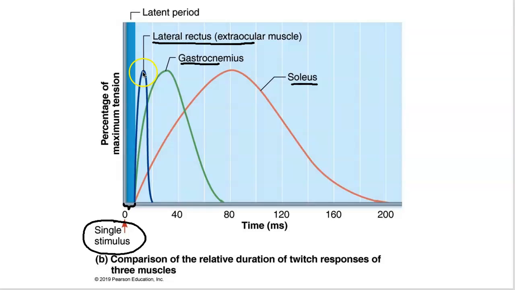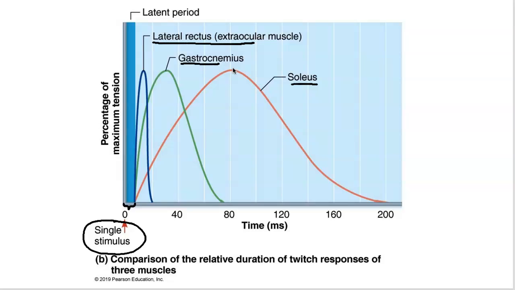So I see that the lateral rectus muscle in blue reaches peak contraction and relaxation much quicker than the gastrocnemius, which takes longer to develop peak tension. And then soleus, I see that that muscle takes even longer to develop peak tension. And so depending on the muscle you're looking at, the amount of time it takes for the twitch will vary.